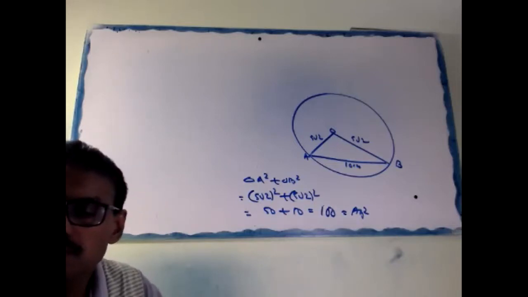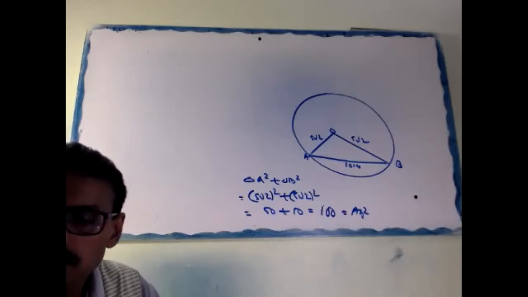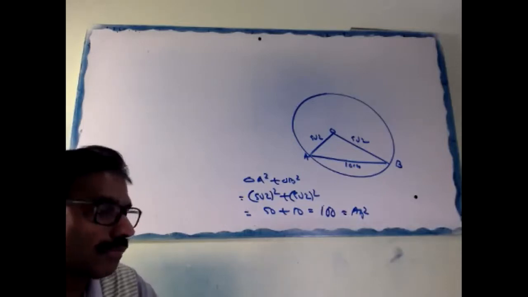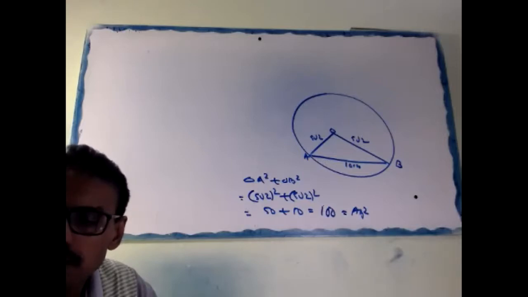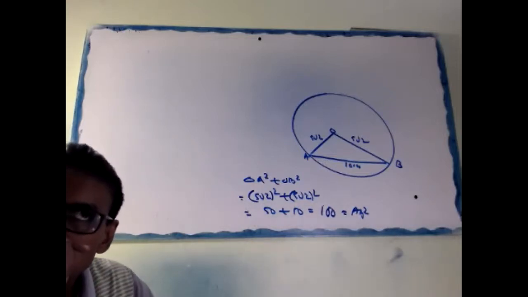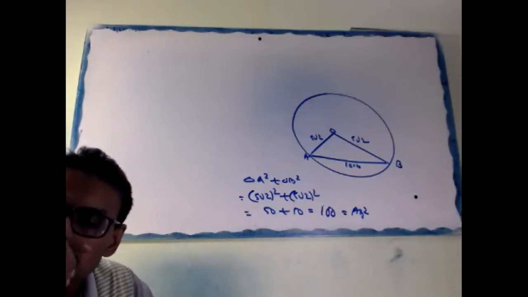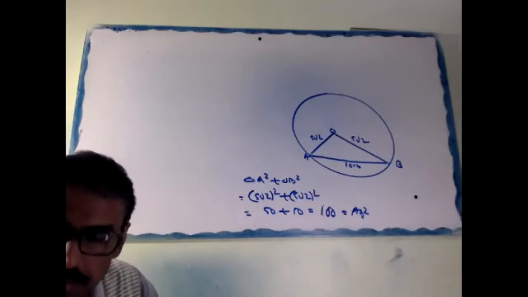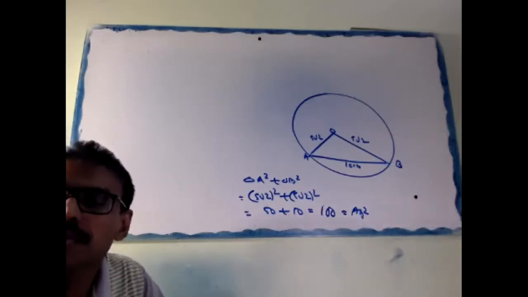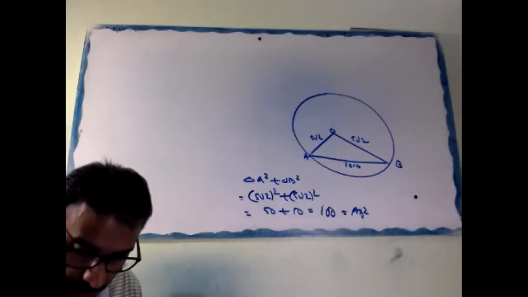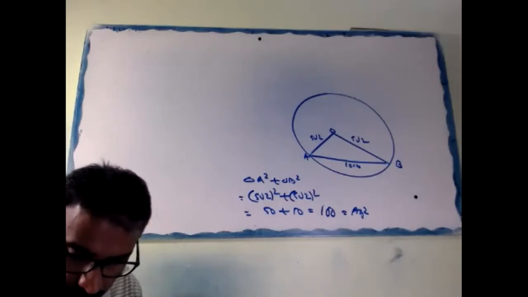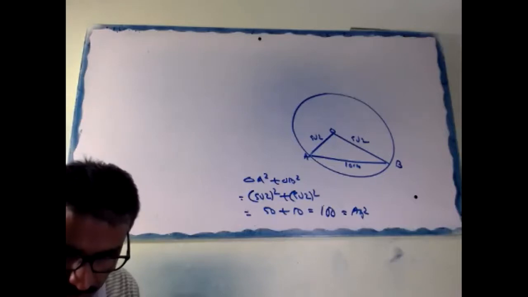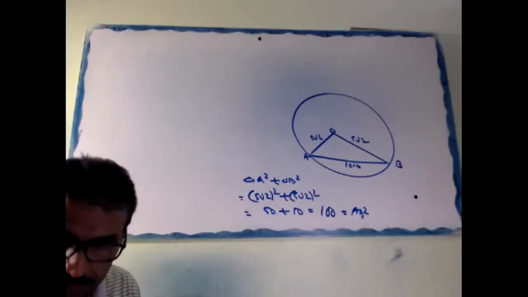Okay, finish. Okay, I'll wait. Answer is minor 14.25 and major 142.75 centimeter square.